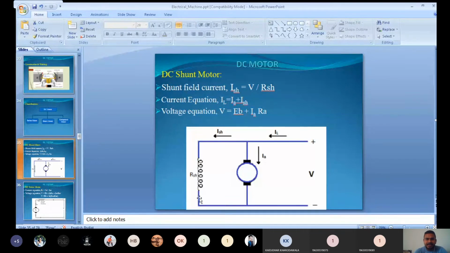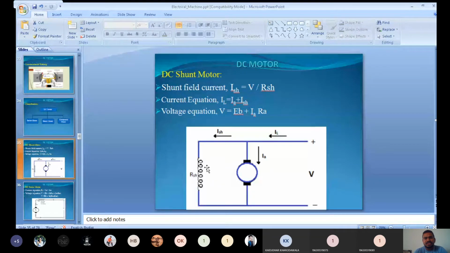The shunt field winding has more number of turns and thinner conductor. That means the number of turns will be more and the thickness of the conductor will be less. Thin conductors, right? Okay, so this is the shunt field winding.